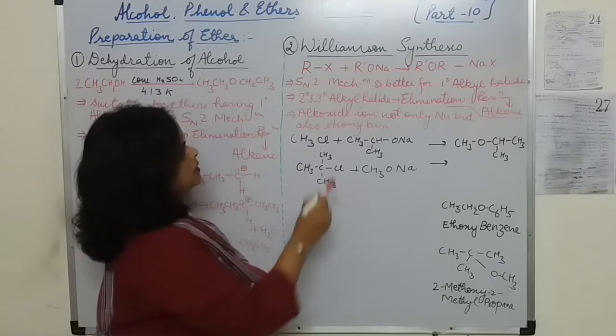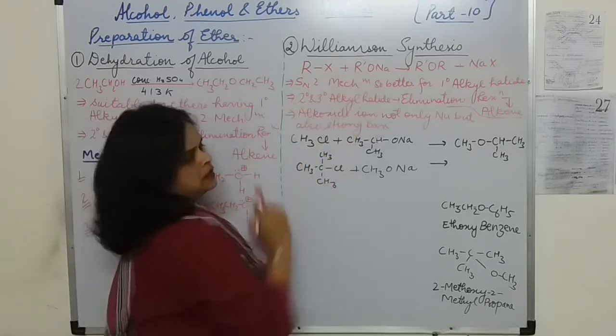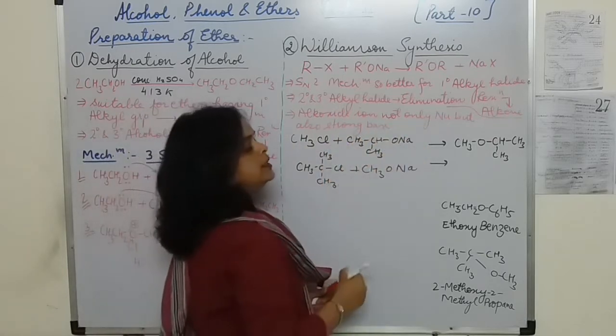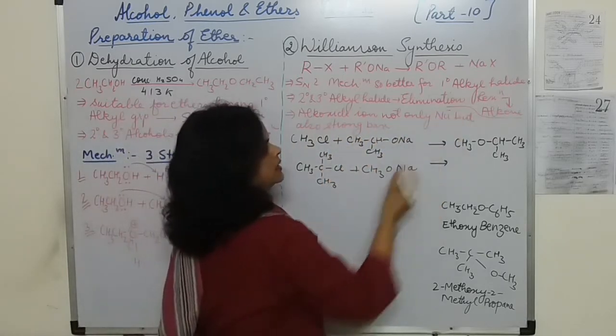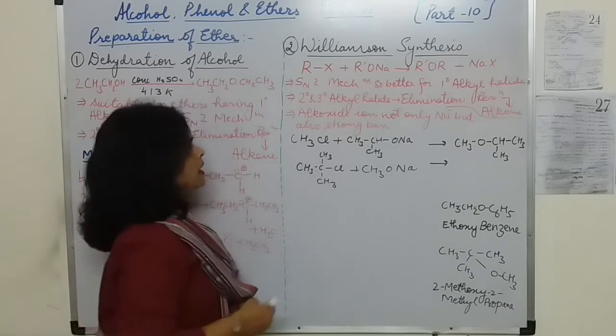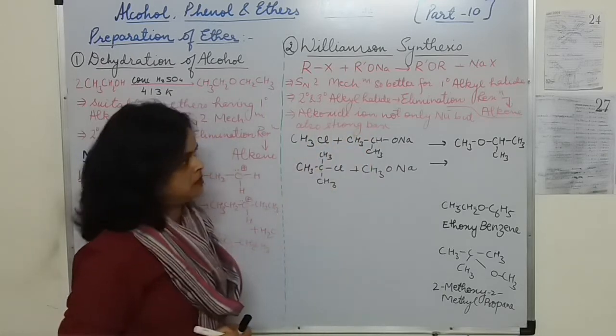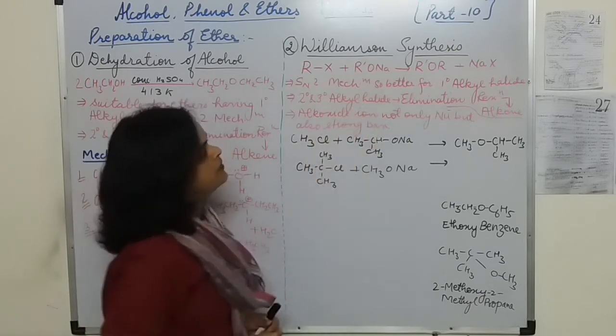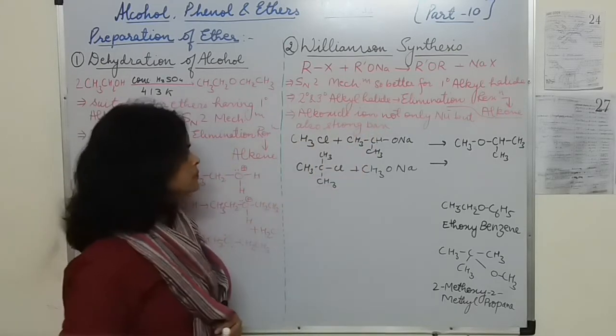See students, here we have alkoxide ion in the solution, and alkoxide ions are not only nucleophiles, they also act as strong bases. Because they are strong bases, they prefer a different type of reaction.